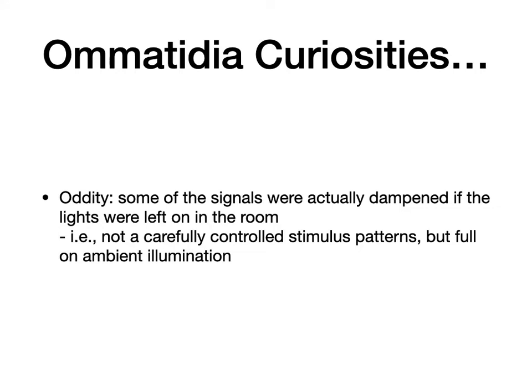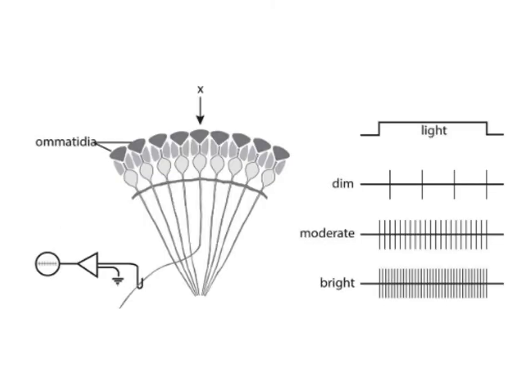And again, this is not carefully controlled stimulus patterns, but just overall ambient illumination. What's going on here? So for an individual ommatidia, the response pattern is what you might expect. When the light is dim, you get a little bit of pulse. When the light is more, you get more moderate pulsing. And then when the light is very bright, the neuron goes, whoa, whoa, whoa, boom, boom, boom, boom, boom, right?